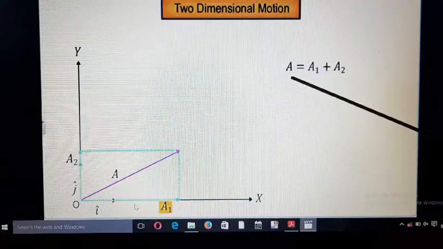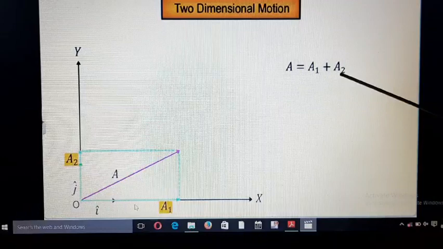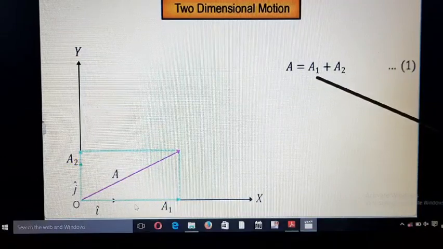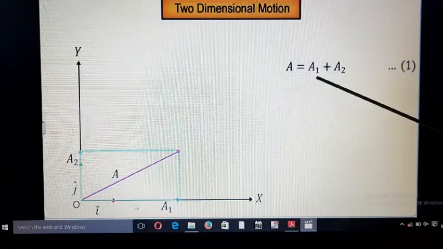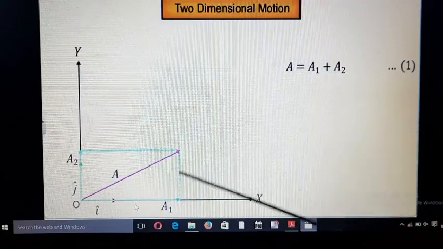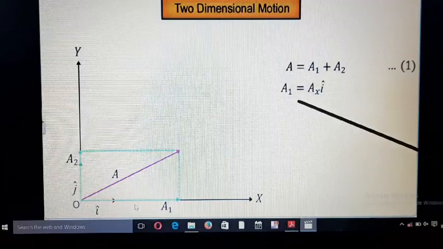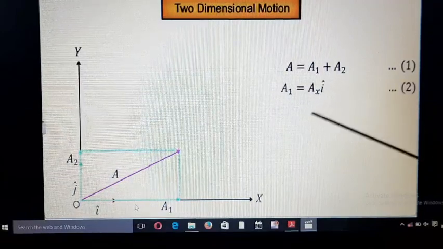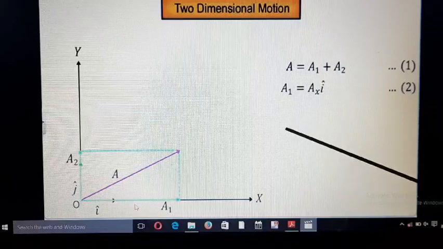For vector A, we can write A1 plus A2. Here A1 is the x component of vector A, meaning A1 is equal to Ax i caret, and A2 is equal to Ay j caret.